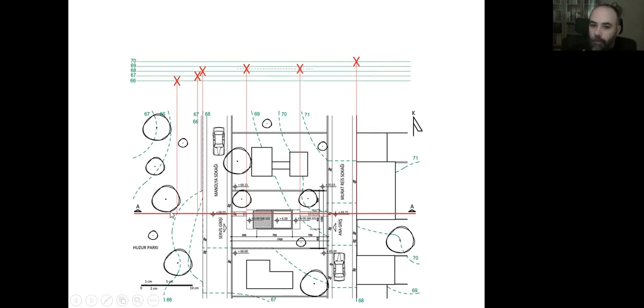This intersection of the section line with the contour lines will indicate the cut surface of the slope. So I can just create this line and say that it's 66 meters. Their intersection at this point will be the 66 level, and 1 meter higher, 67, 68.